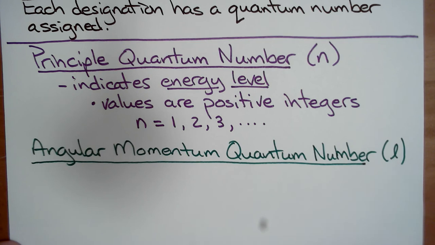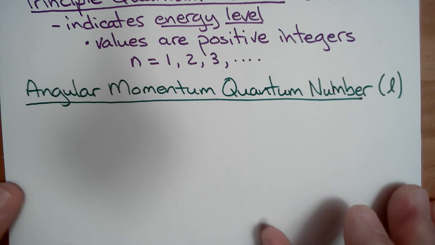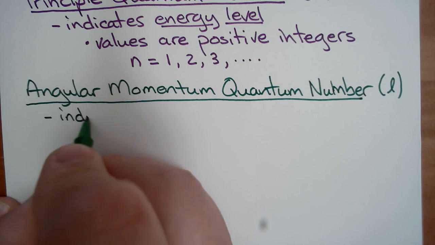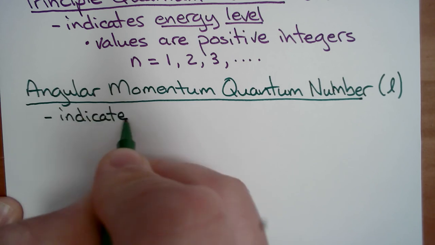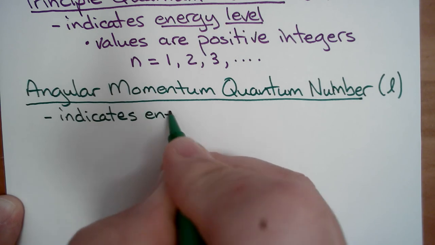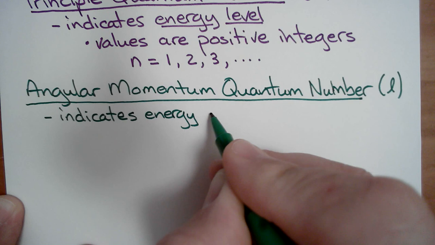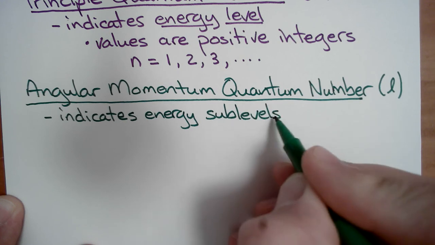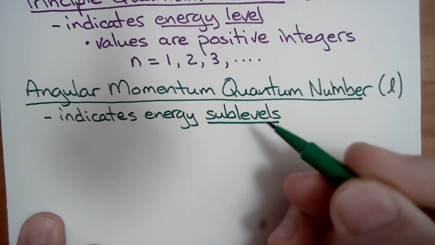These angular momentum quantum numbers indicate the energy sublevels and shape of the orbital.